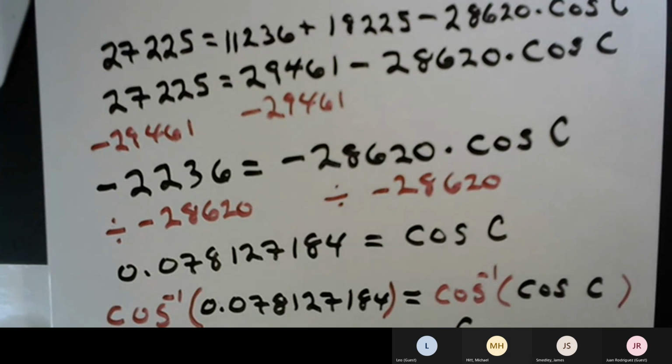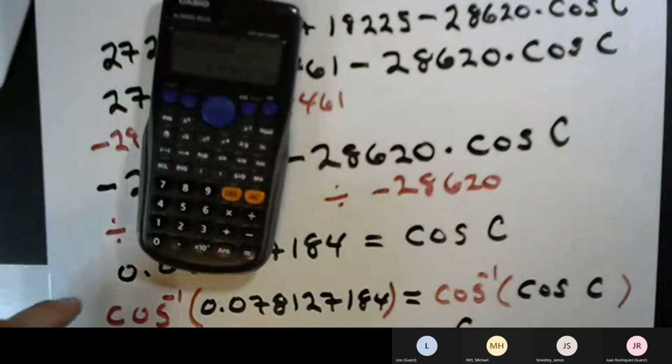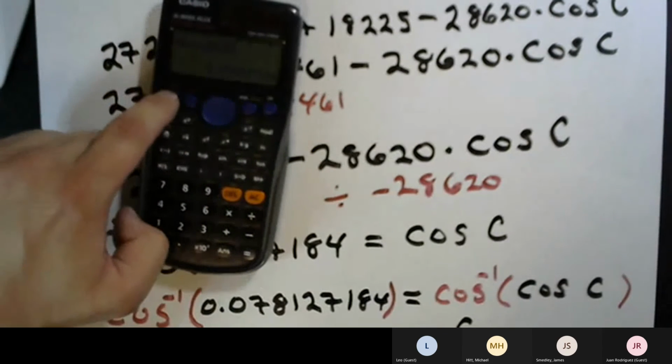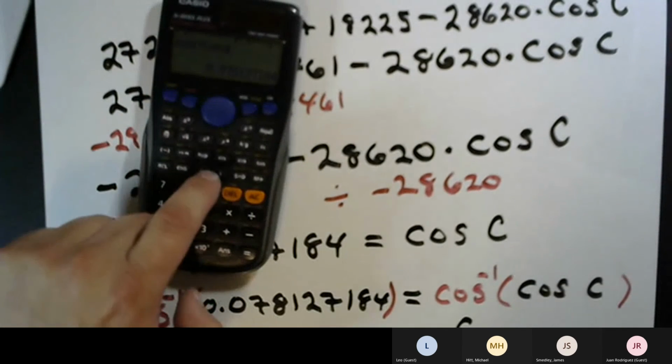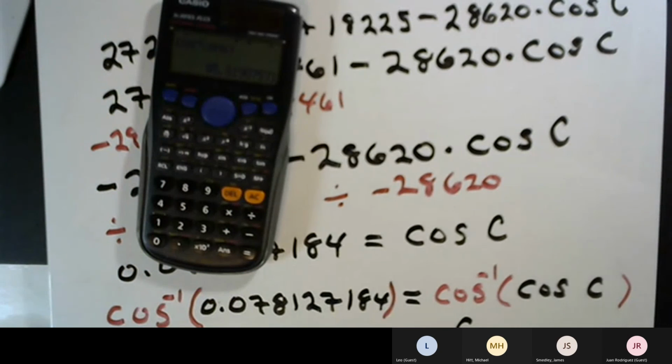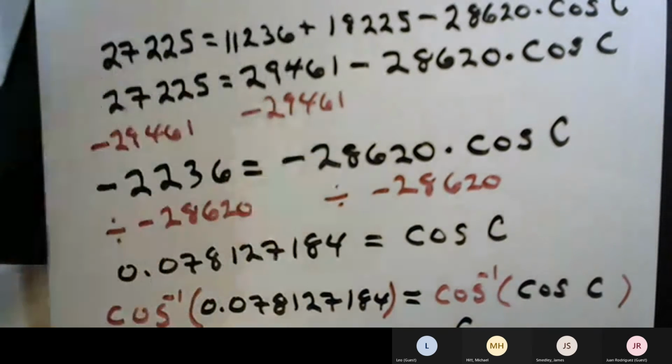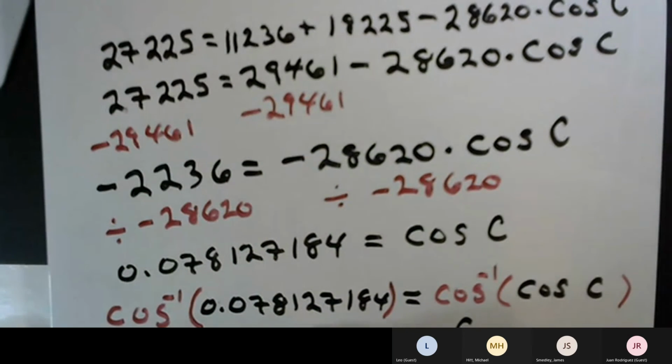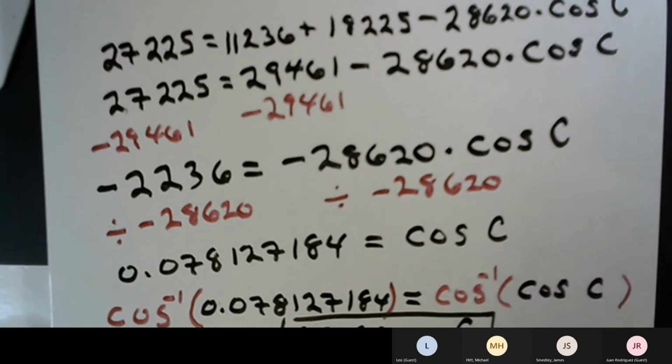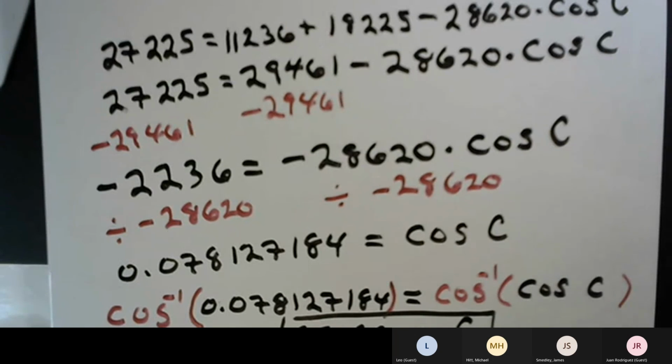So here's my answer. So shift cosine inverse, the answer. And we're going to get about 85, and I'll round 85.2. Probably shouldn't round, but the textbook is actually rounding. So I'm going to say 85.2 degrees is going to be C. So that's one of the angles. And we've got to find the two others.